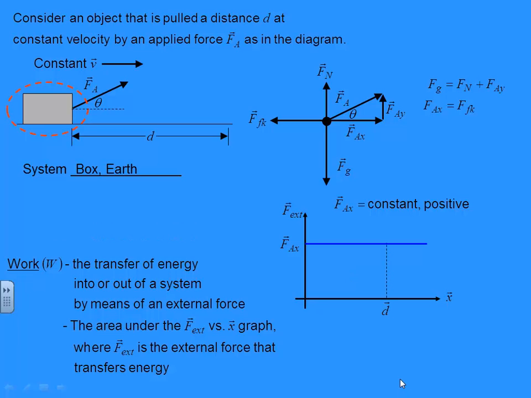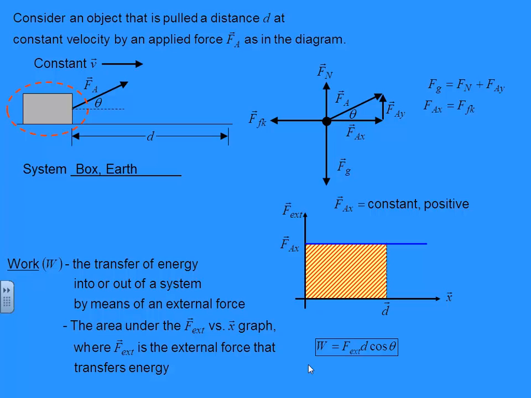So if we allow the thing to be pulled a distance d, it's that area. That area, of course, has an area of length times width, or F of AX times d. F of AX could be written as F of A cosine of theta, and we get our normal work math model. And this is, of course, for a constant force.